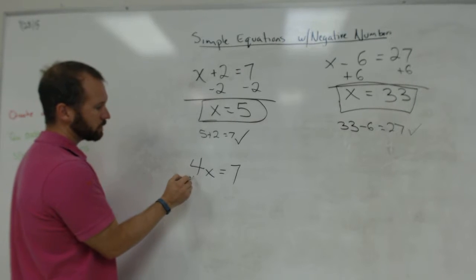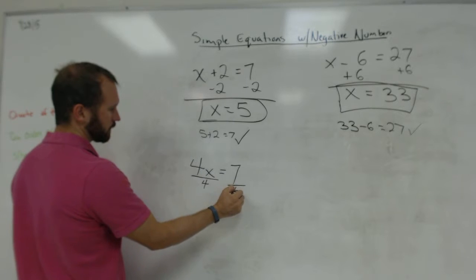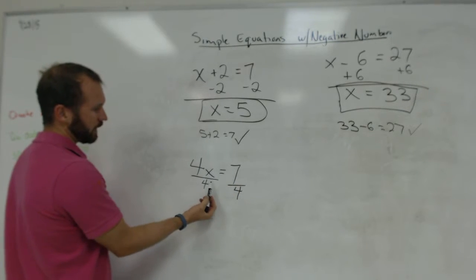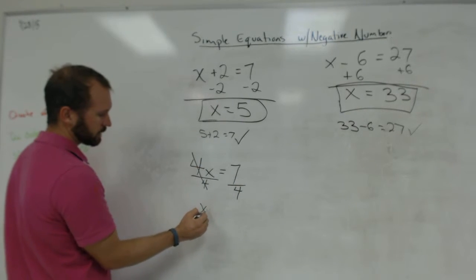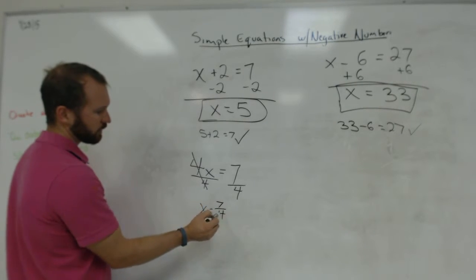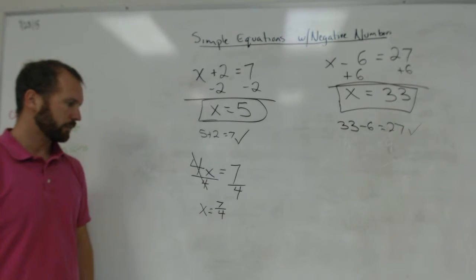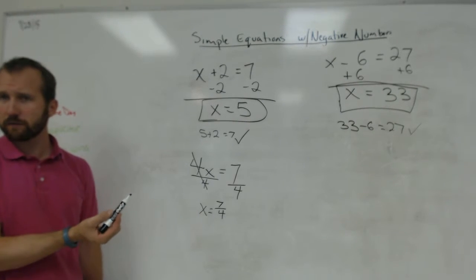What's the opposite of times? Division. 4x divided by 4 is just x. 7 divided by 4, we would just write that as a fraction, 7/4. And that's a totally acceptable answer. It doesn't have to be an integer.